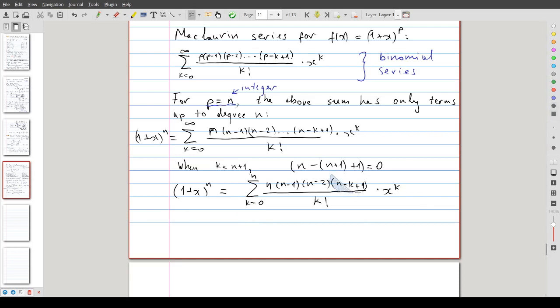Now, I'm missing the dots for all the missing factors in the middle. And so this here contains finitely many terms, and this is known as the binomial formula, which explains the name binomial series for this infinite series.